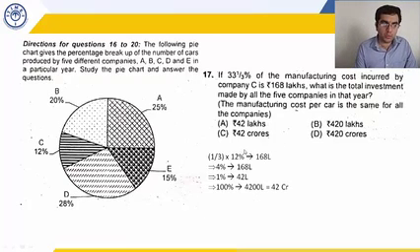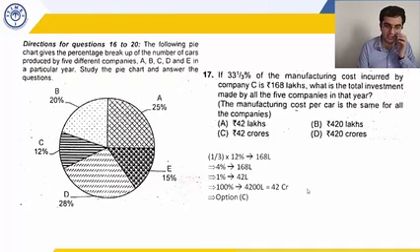One third of manufacturing cost. What is manufacturing cost by C? 12% of total cost. So 1 by 3 of 12% corresponds to 168 lakhs. 4% is 168 lakhs. 1% is 42 lakhs. 100% becomes 4200 lakhs.